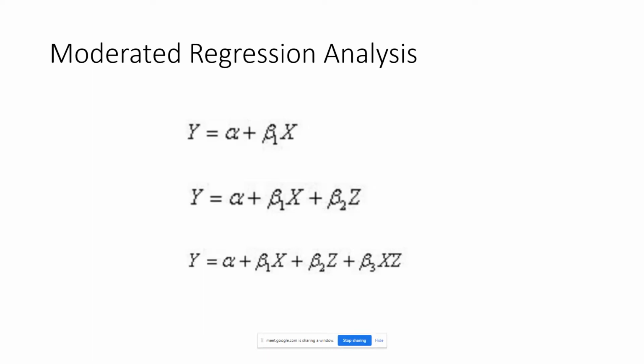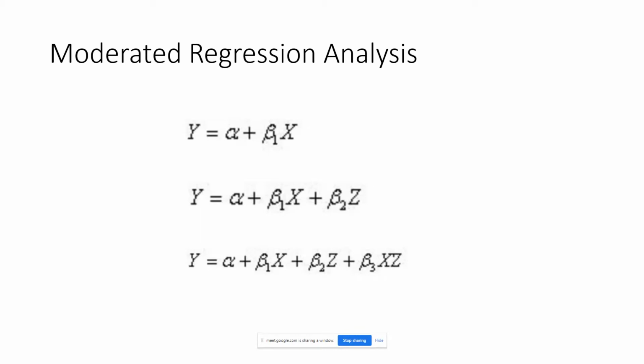Then we could also have y equals the intercept plus beta 1 x plus beta 2 z. And the third one is y equals the intercept plus beta sub 1 x plus beta sub 2 z plus beta sub 3 xz.